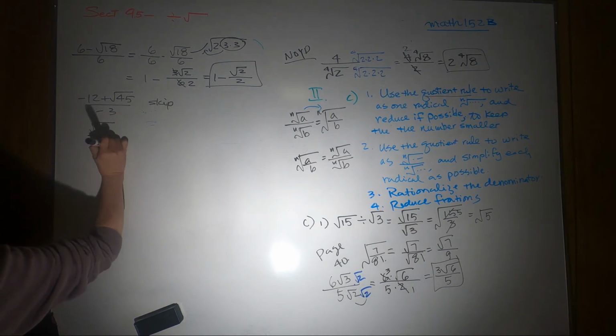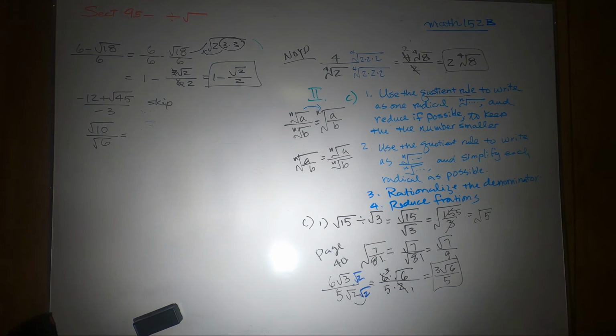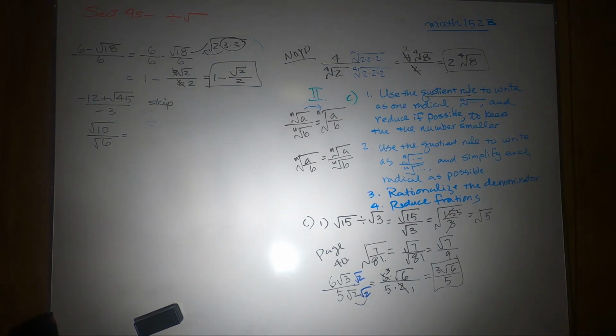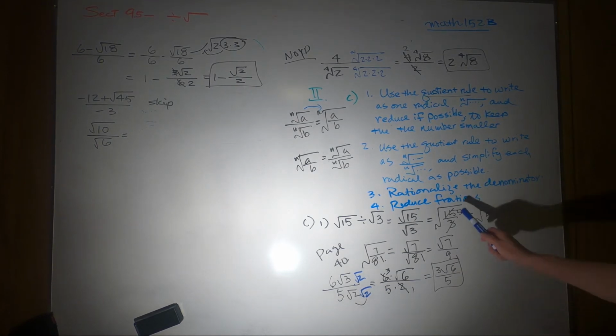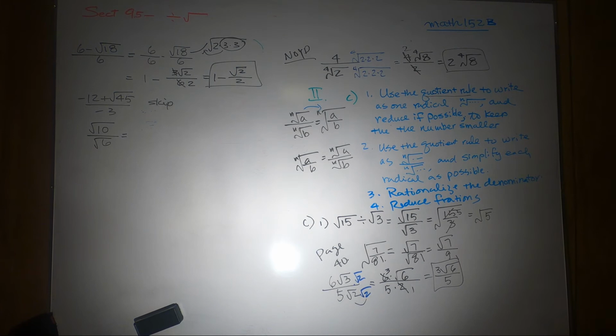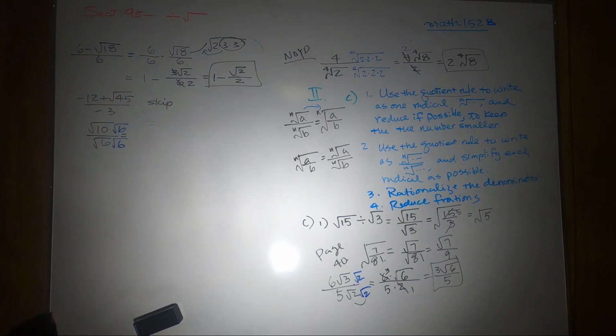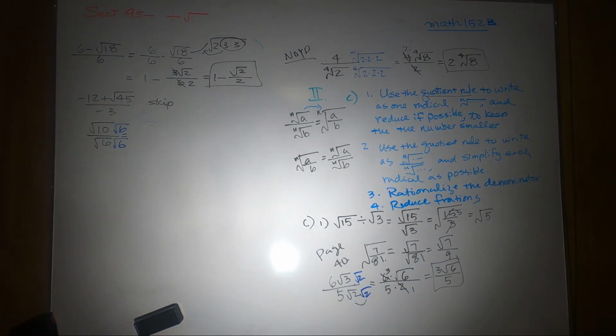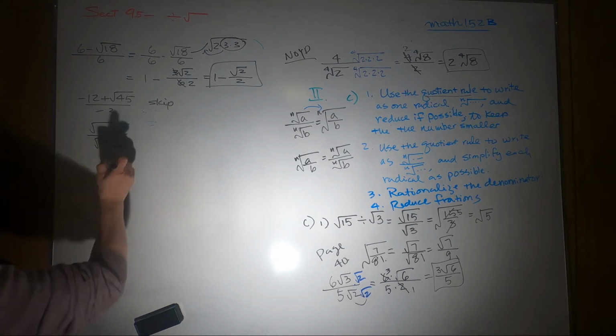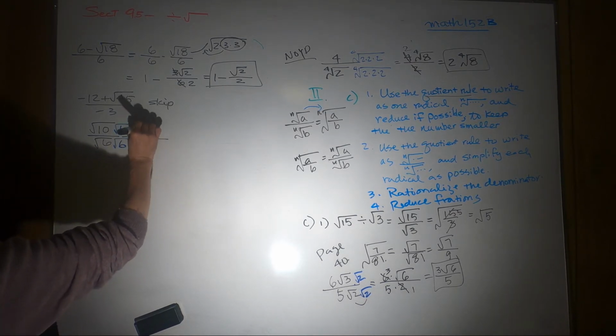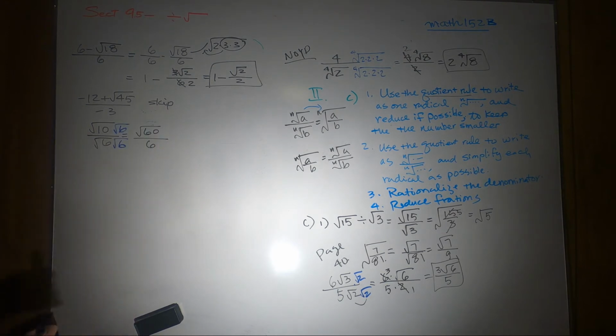If you have this one, okay, so same thing, we do what? Rationalize the denominator to eliminate your radicals in a denominator. For a square root, you multiply by its twin, right? So what do we have? We have 6 and square root of 60.